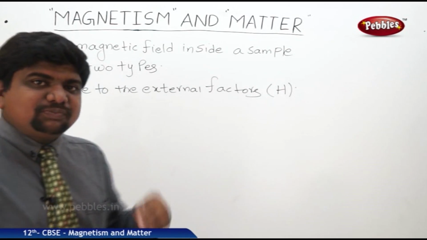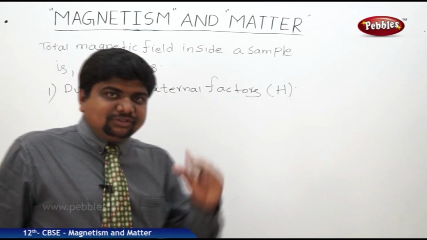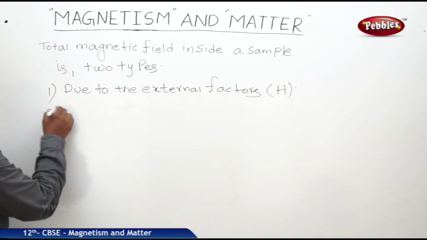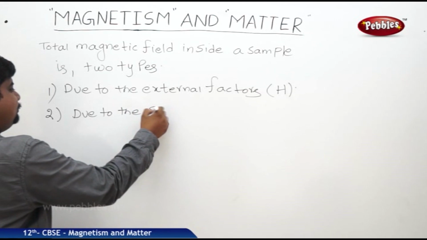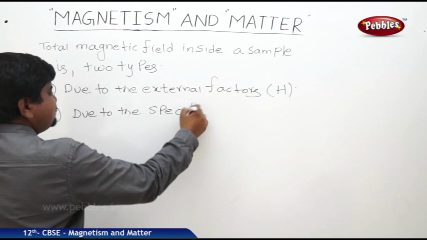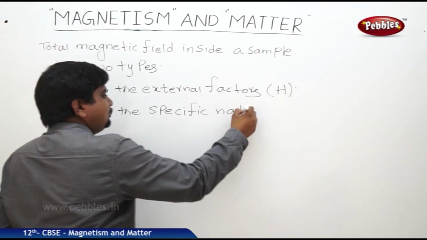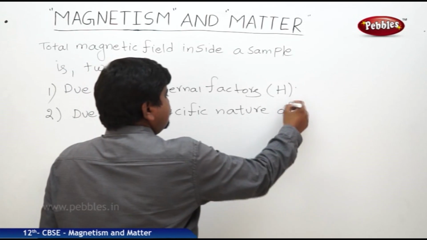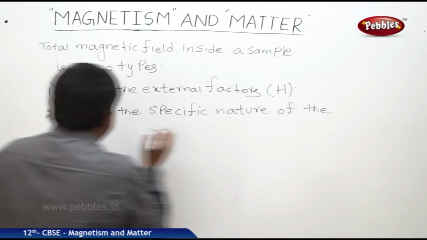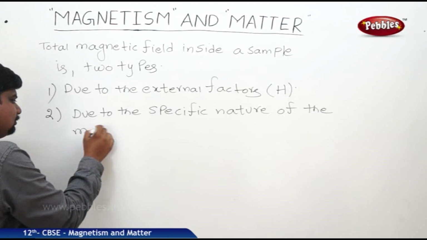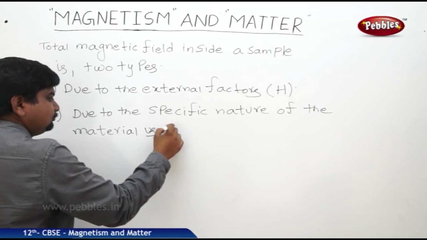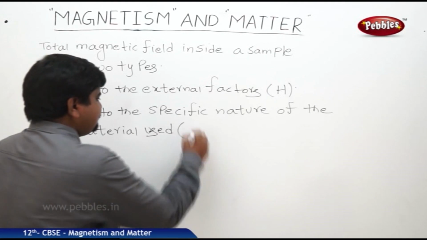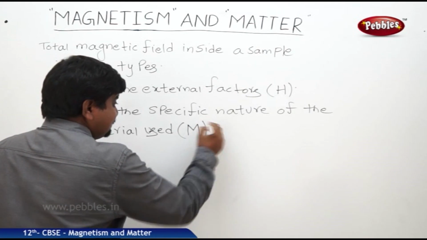The other is due to the specific nature of the material used. This is represented by M, magnetization.